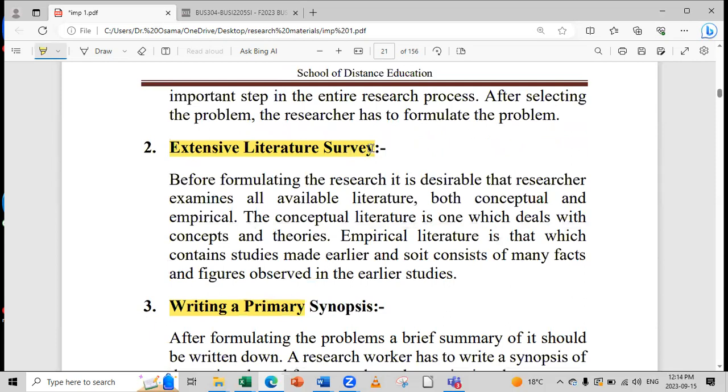Second, literature survey. Usually the literature survey is done to see from the past. As an example, let me tell you something. Let us say one of the scientists is studying breast cancer for the ladies.